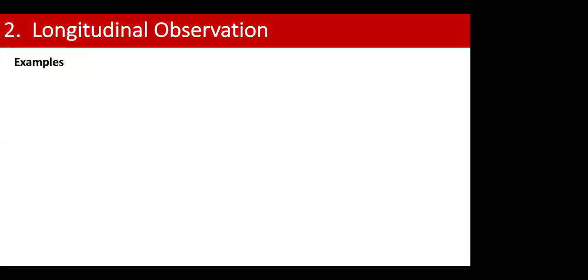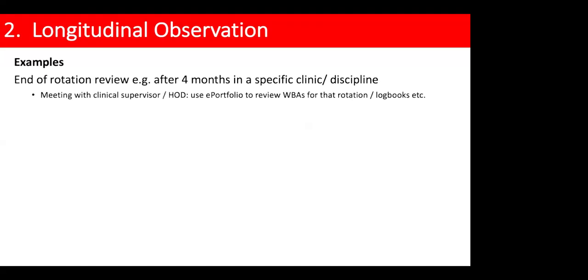Our second one is we can do EPA decisions on longitudinal observations. So these are where you're looking, for example, at a whole rotation. So maybe your registrar has been farmed out to a different hospital or even a different province to spend time in a specific clinic or discipline that you don't have. And at the end of it, they meet with a clinical supervisor or that HOD.